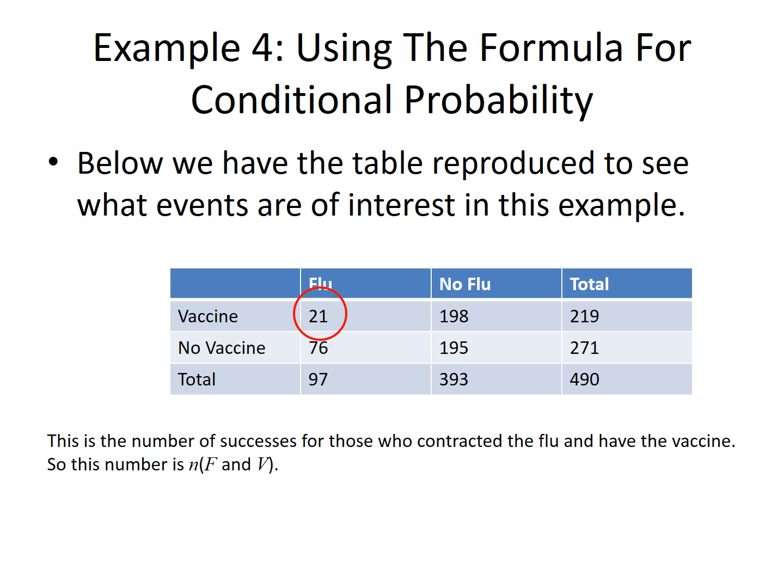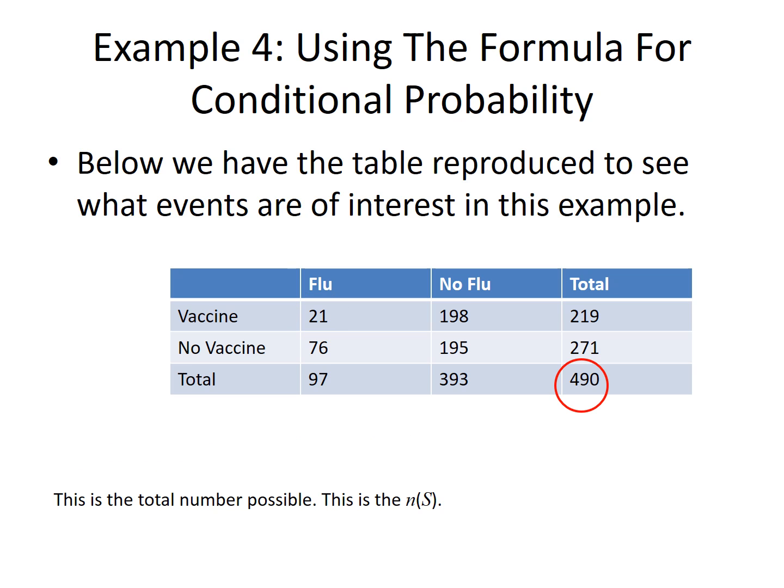The number 21 is circled here because this is the number of successes for those who contracted the flu and have the vaccine. So this number is the number of F and V. So this is the number of individuals who contracted the flu and had the vaccine. The number 490, this is the total number possible.